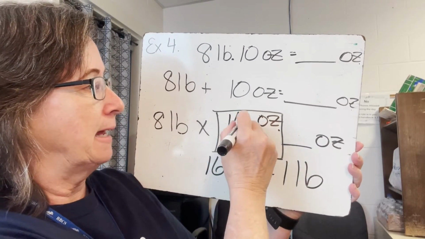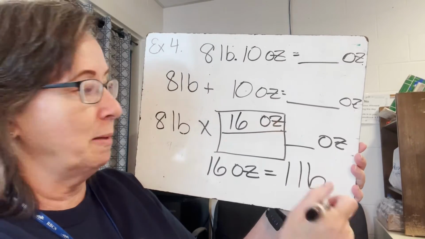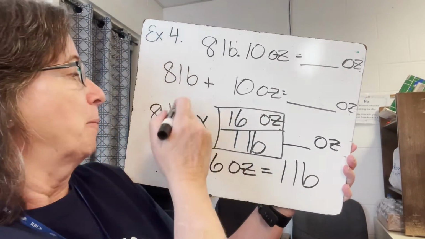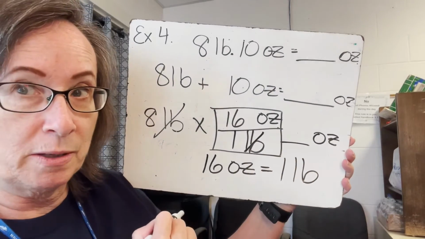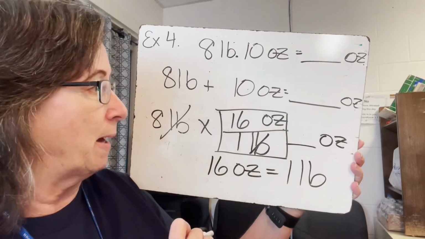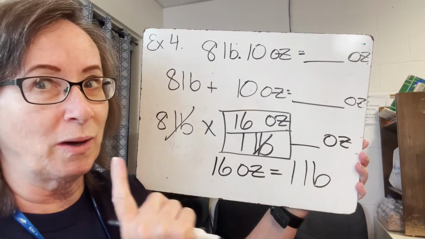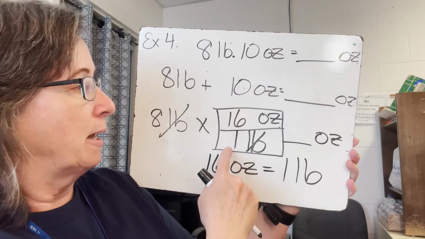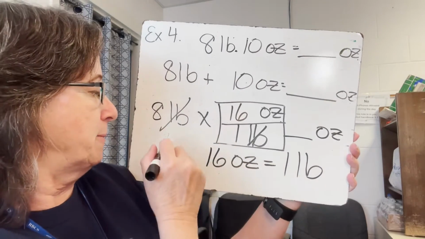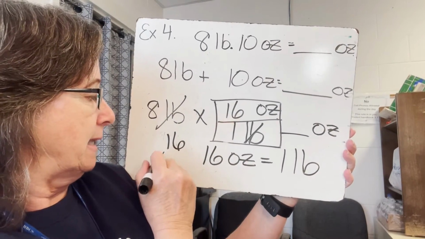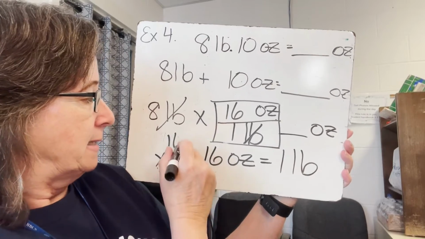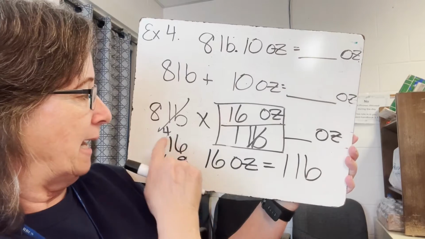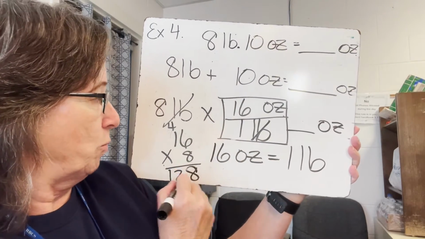16 ounces is the same thing as 1 pound. Pounds goes on the bottom. Okay, now pounds will cancel pounds when I multiply because one's on the top and one's on the bottom. I'm left with ounces, which is what I want. 8 times 16, that's a big number, but just a 1 on the bottom. So 8 times 16, let's see what that is. 16 times 8, 6 times 8 is 48. 1 times 8 is 8 plus 4 is 12, so 128.